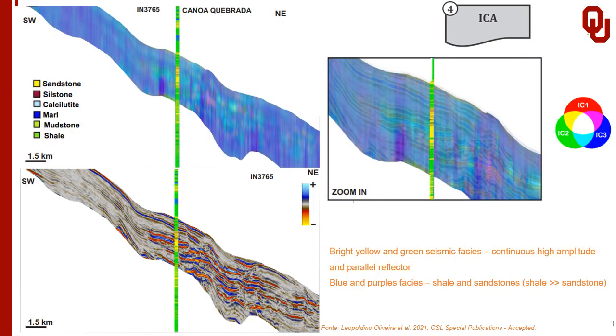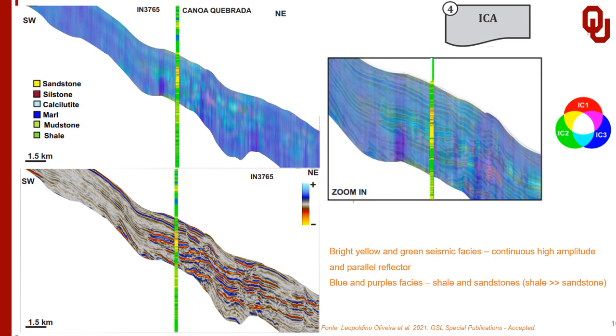To validate our interpretation of the seismic facies using principles of geomorphology and the ICA-RGB blending to highlight the different architectural elements, we relate the seismic facies with the lithologies analyzing the facies information from the Canoa Quebrada well report.